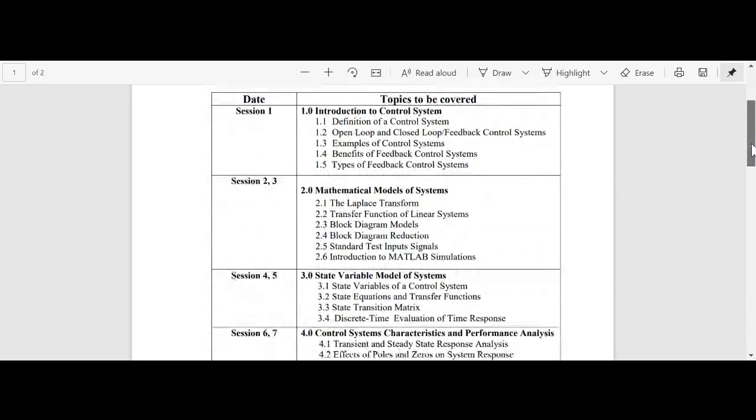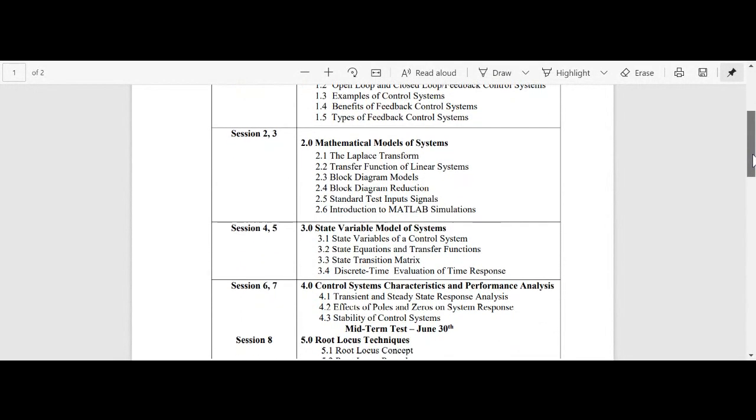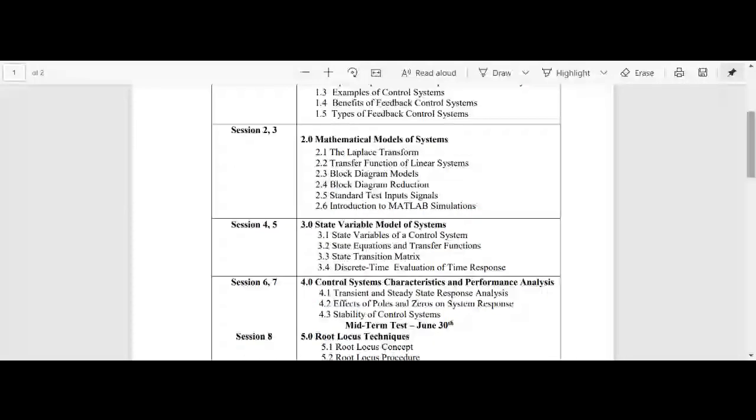In this section we'll be looking at how we can derive mathematical representations for physical systems, and this will take about 2 sessions.